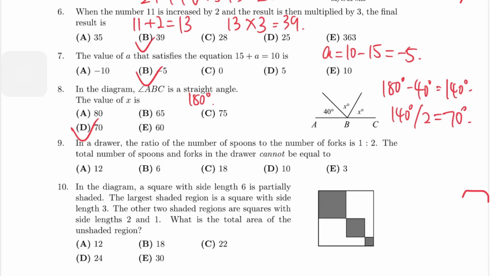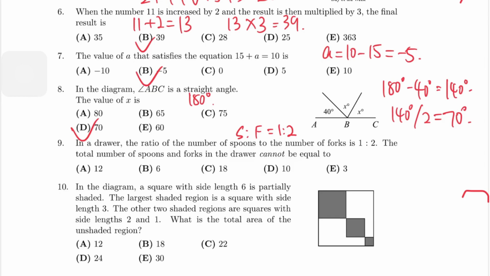So number 9, in a drawer, the ratio of the number of spoons to the number of forks is 1 to 2, okay? Spoon to fork is 1 to 2. The total number of spoons and forks in the drawer cannot be equal to, okay, so we can see its ratio.